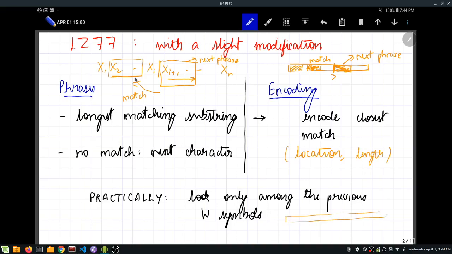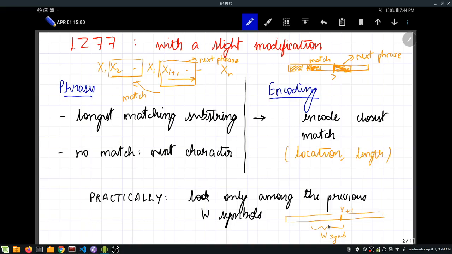Suppose that this is symbol i plus 1, then you only look within a small window of W symbols instead of going through everything from 1 to i. And this is mainly for practicality.